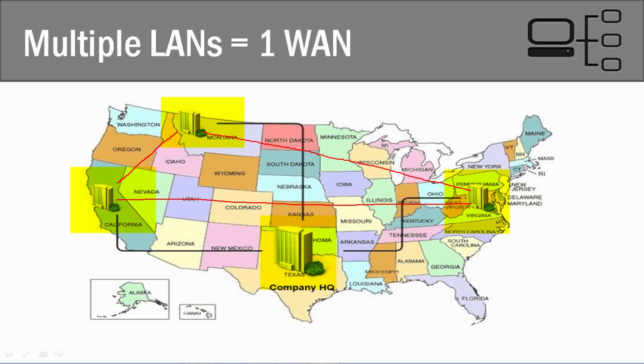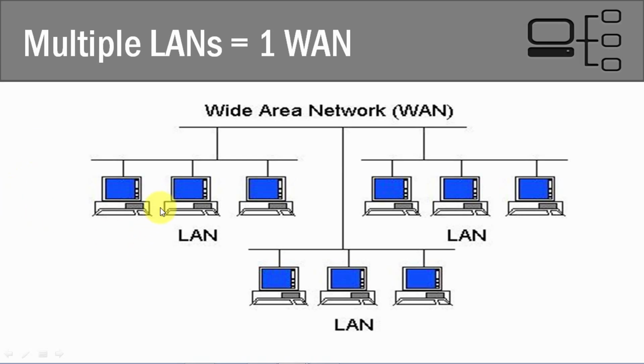Let's look at this again from another perspective. We have 3 different LANs, and we're connecting them together. We have LAN number 1 over here, down at the bottom LAN number 2, and over here LAN number 3.